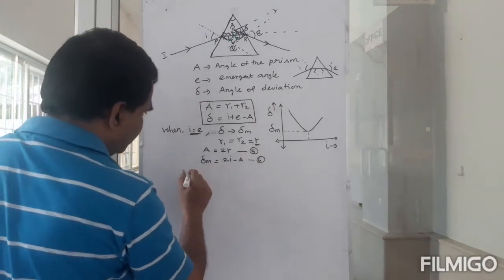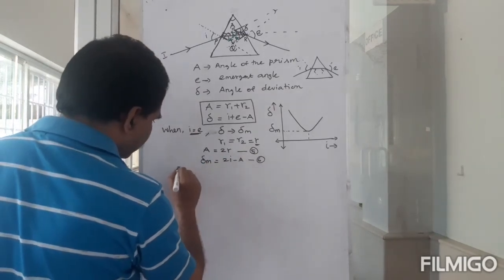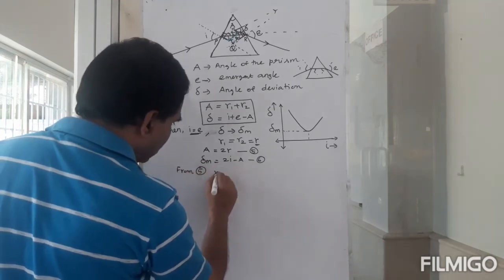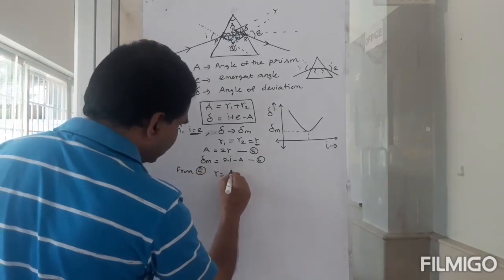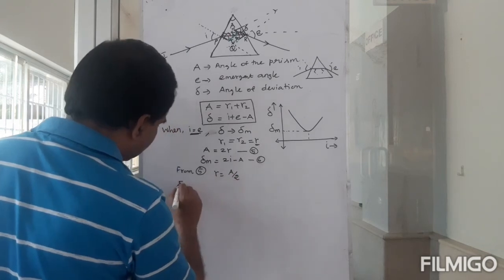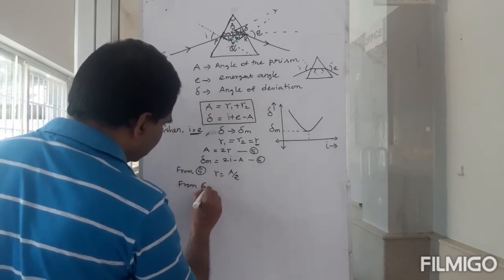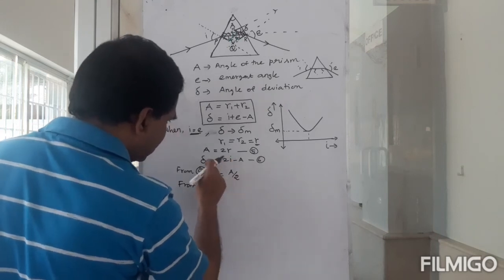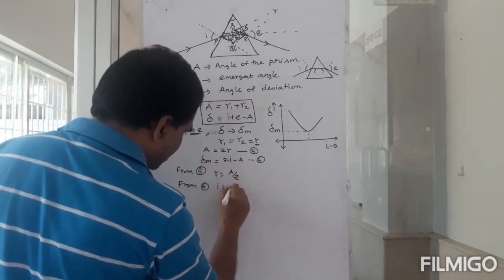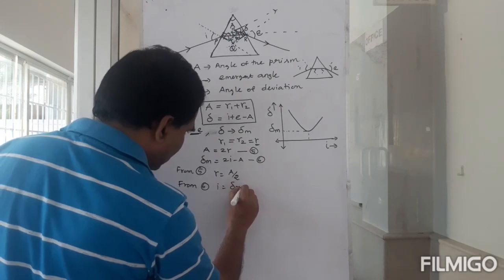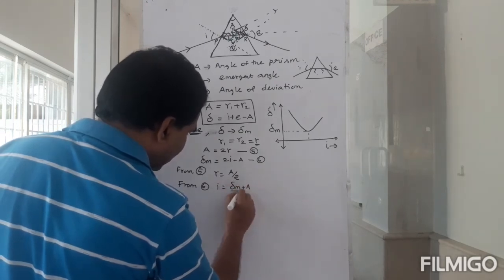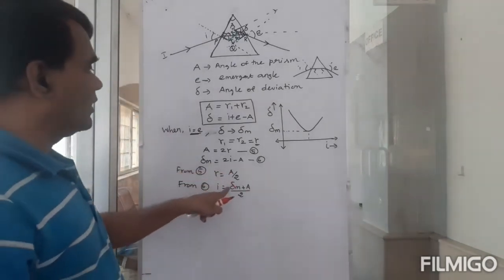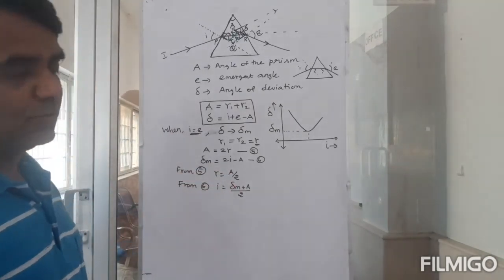So from 5, R is equal to A by 2. And then from 6, I is equal to delta M plus A by 2. So R is A by 2 and I is delta M plus A by 2.